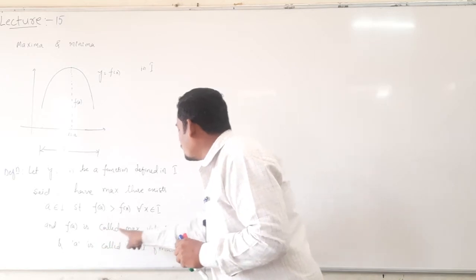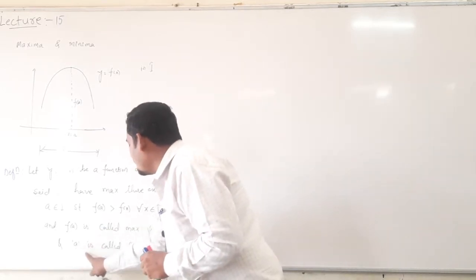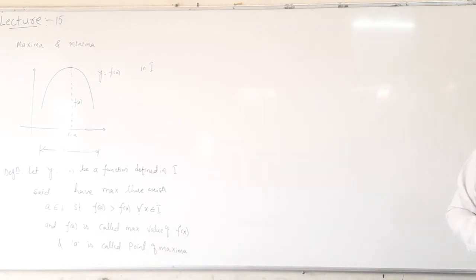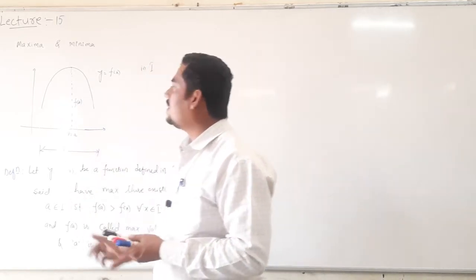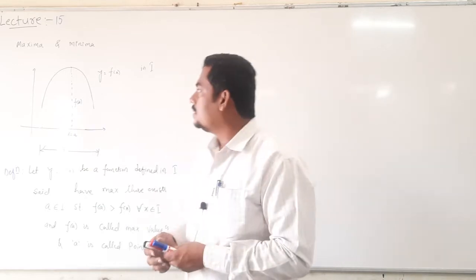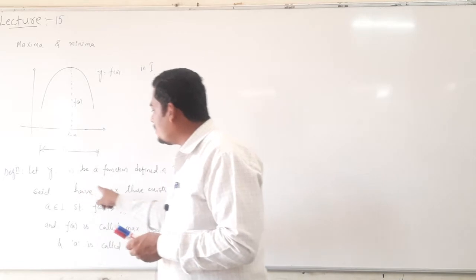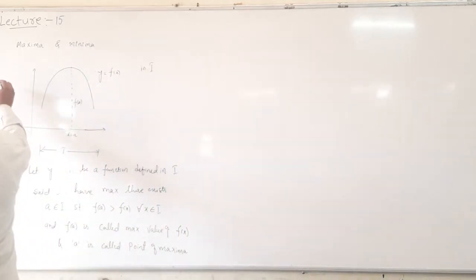F of a is called the maximum value of f of x, and a is called the point of maxima. At x equal to a the function attains its maximum value, then we can say that x equal to a is called the point of maxima. This is the definition for maximum value or maxima, right?